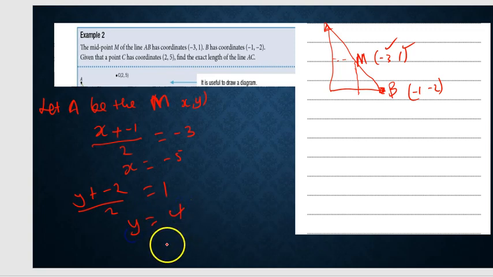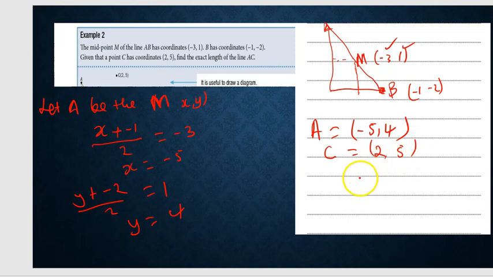So A is nothing but negative 5 and 4. And then we have point C, which is 2 and 5.